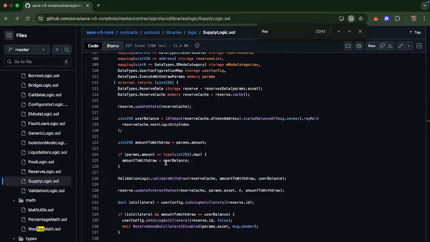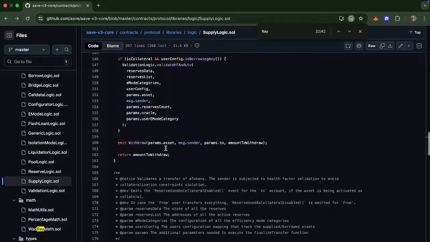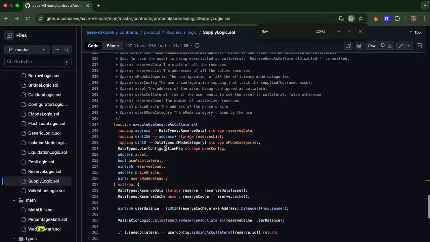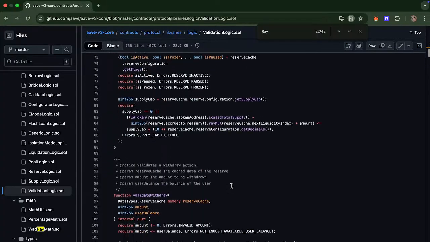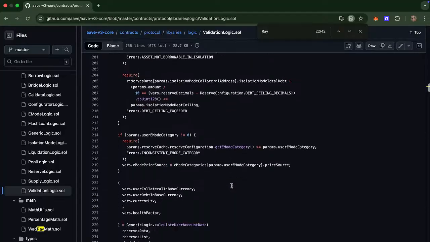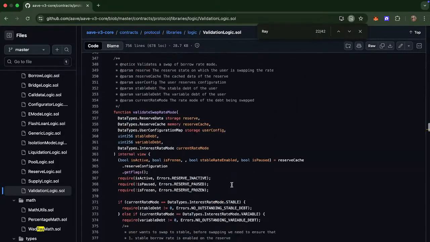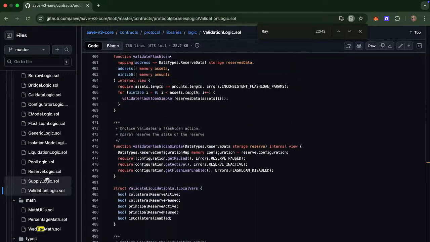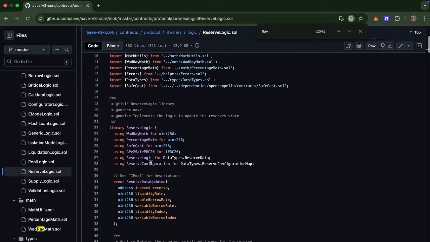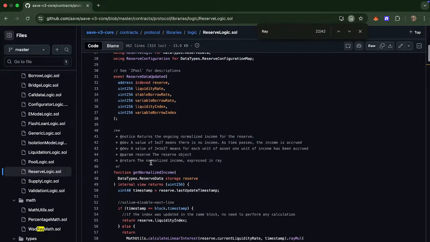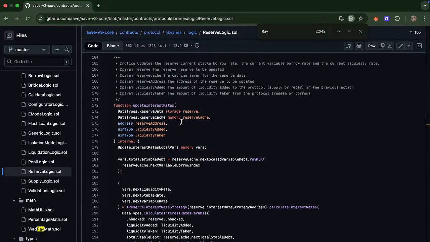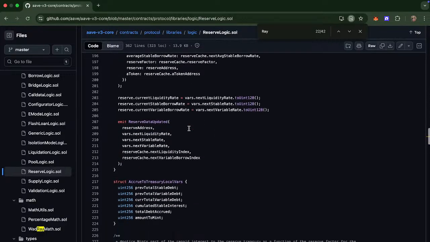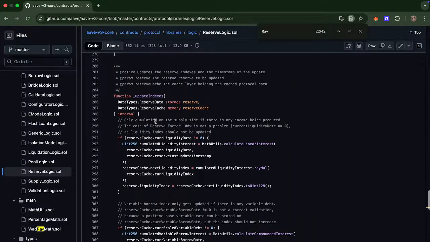Execute withdrawal. Okay. Under validation, validate supply, validate. Aha. Update indexes view. Yep.